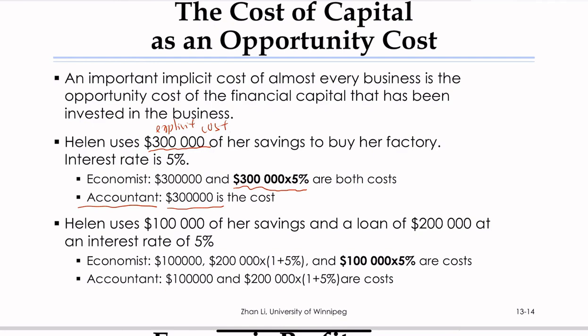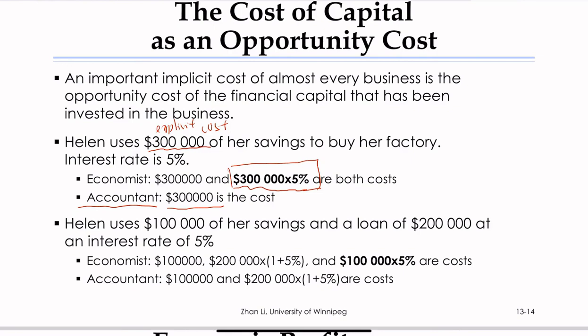That is, she has to forego this amount of interest if she wants to pay $300,000 to buy her factory. So you can see that, importantly, this interest income is also an opportunity cost. And it's an implicit opportunity cost because you cannot actually see her pay out this interest payment.